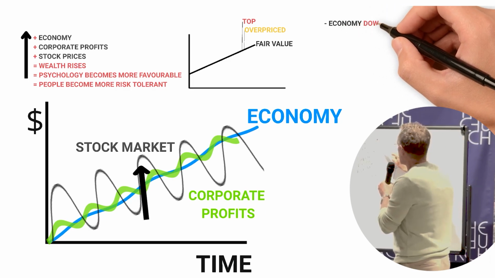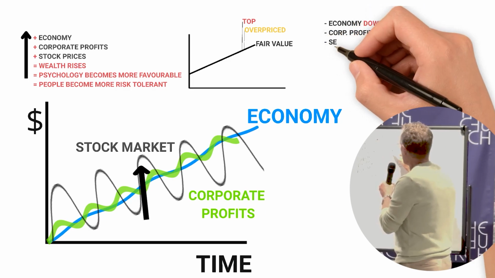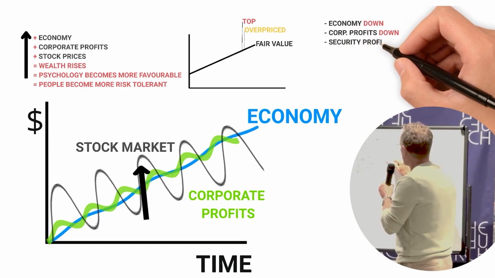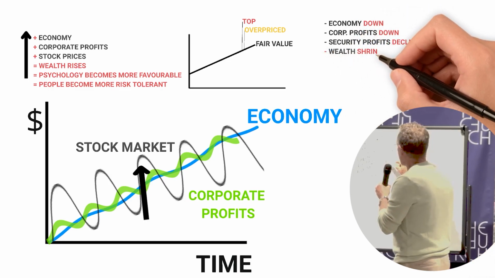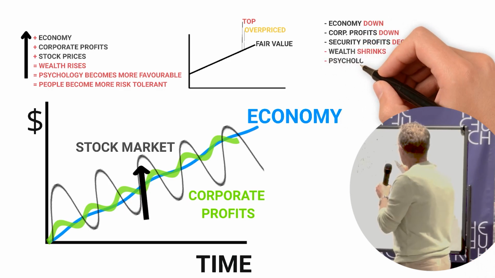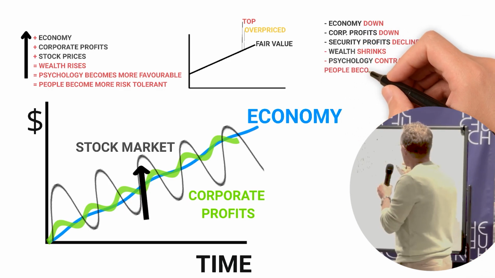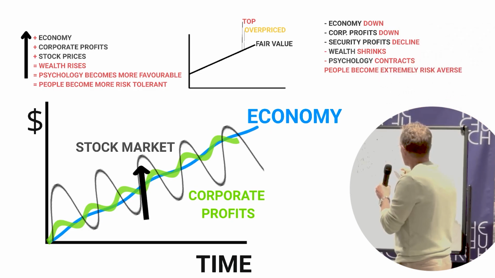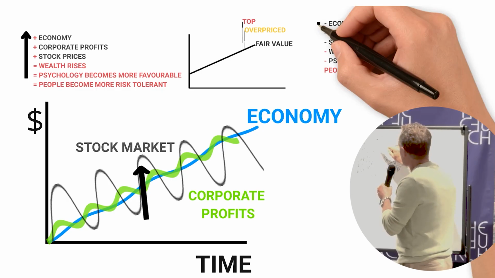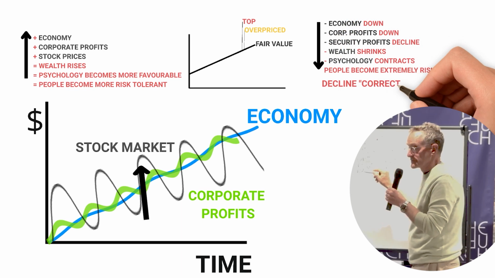And after a while, the economy doesn't do so well, and corporate profits also falter, and security prices decline rather than rise, and wealth shrinks, and psychology contracts, and then people become extremely risk averse, and that causes a decline, what we call a correction.